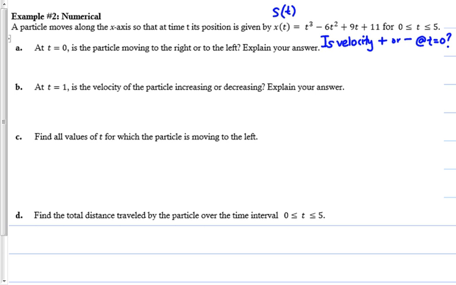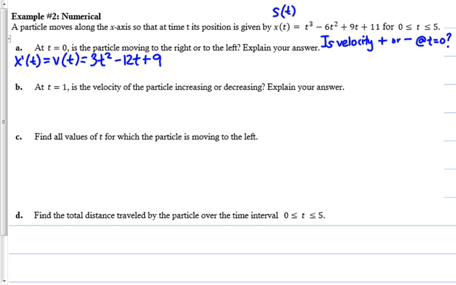Okay, so that's basically what we're asking. So to figure out if velocity is positive or negative, you take the position function and you derive it. And the derivative of position function is velocity. Okay, so the velocity function is 3t squared minus 12t plus 9.